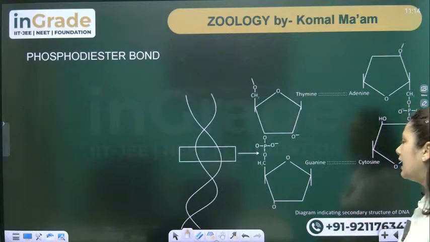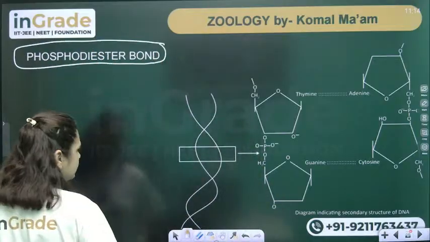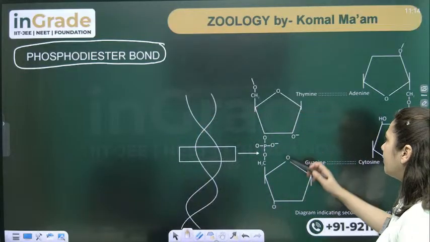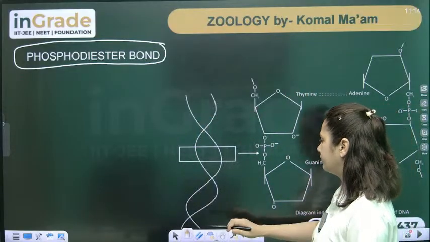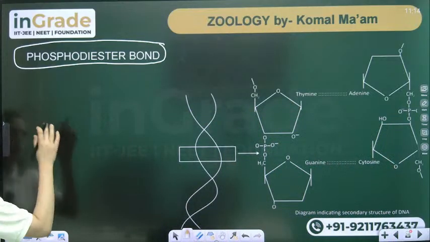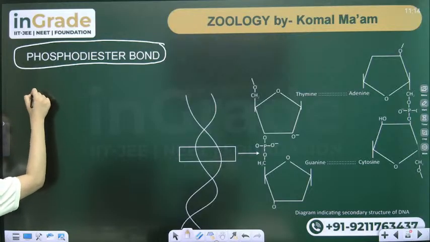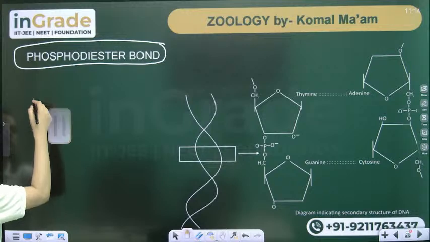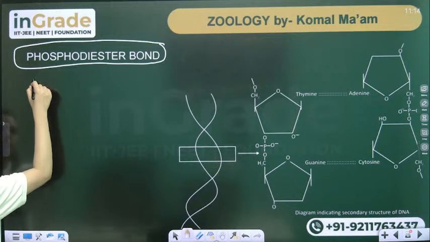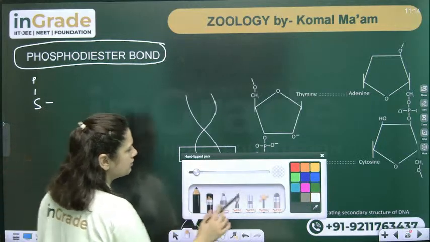That is the phosphodiester bond, how nucleotides get arranged in nucleic acids. Okay, let me draw it for you. For example, here we have sugar, then we have phosphate. I'm drawing a single strand only.